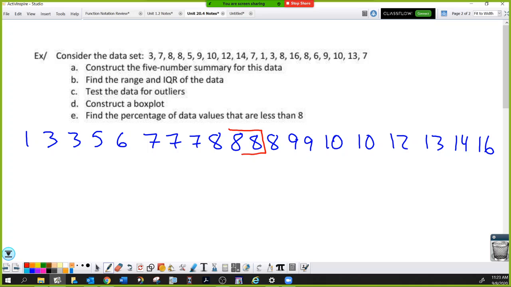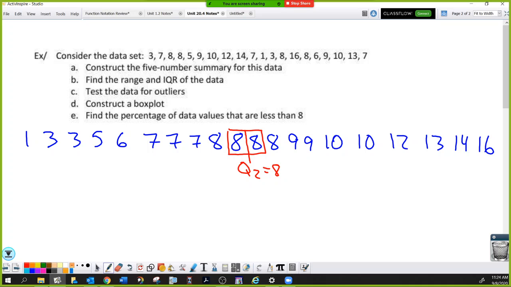The average of these two terms is our Q2, which is obviously 8. Now remember, those two 8s, they are still part of the left half and the right half. So when you go to find your Q1 and your Q3, you have to include that 8 as part of that set. There are 10 terms to the left of Q2.